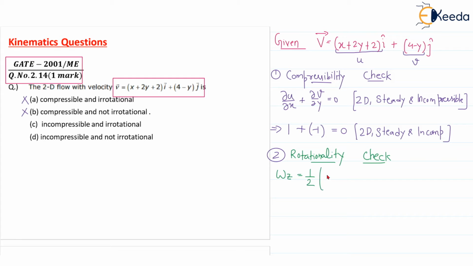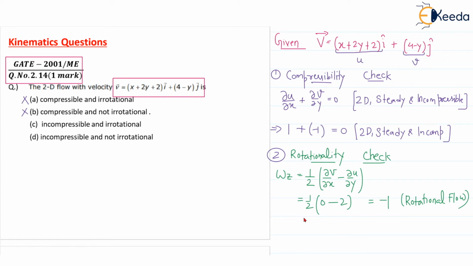So omega z is half of (dou v by dou x minus dou u by dou y). Dou v by dou x is 0, minus dou u by dou y, which is 2, so it is equal to minus 1. So omega z is equal to minus 1. That means it is a rotational flow.